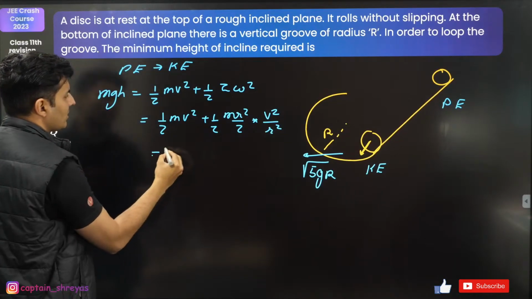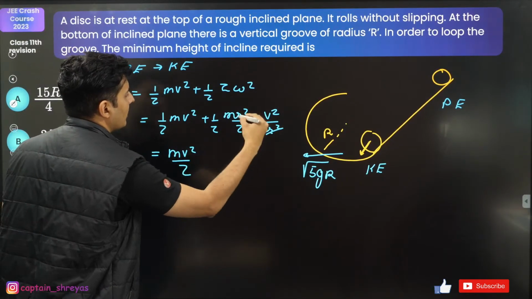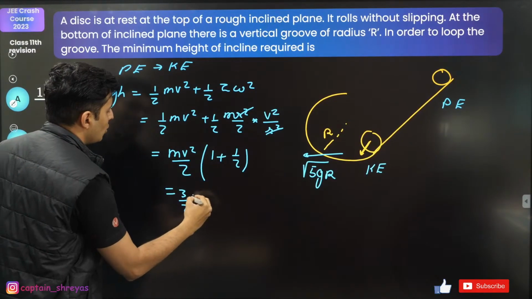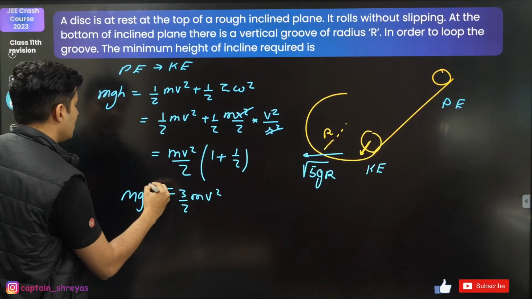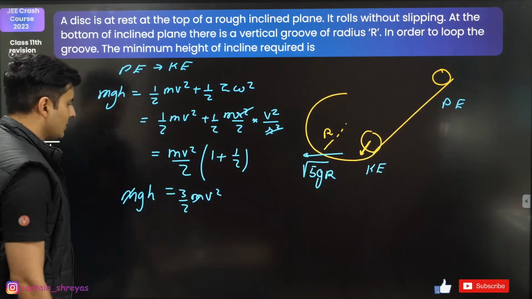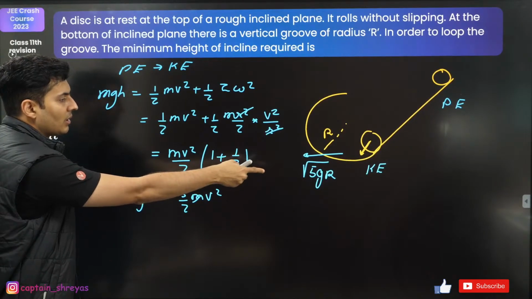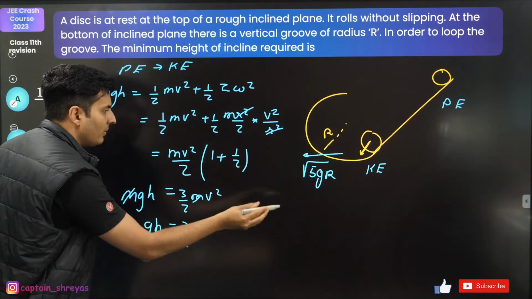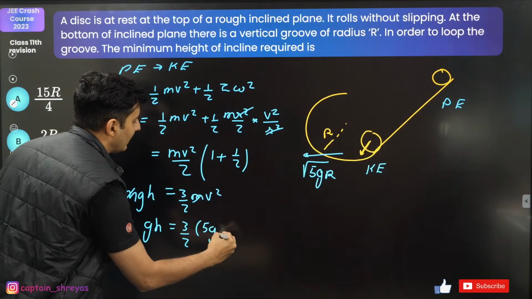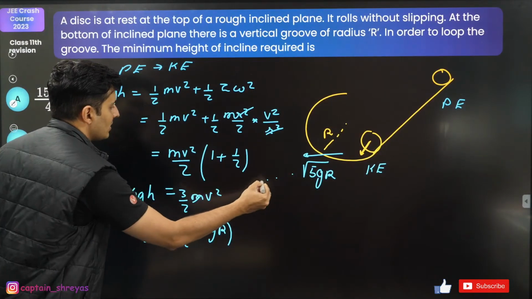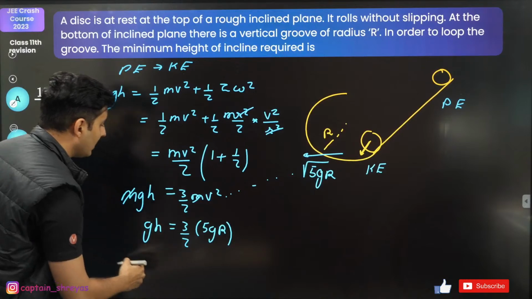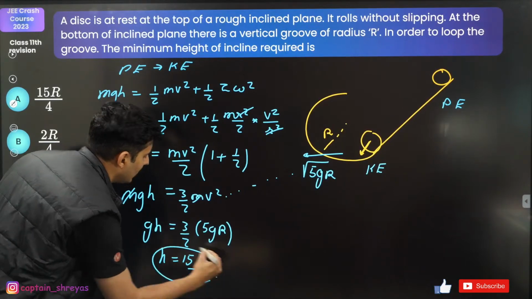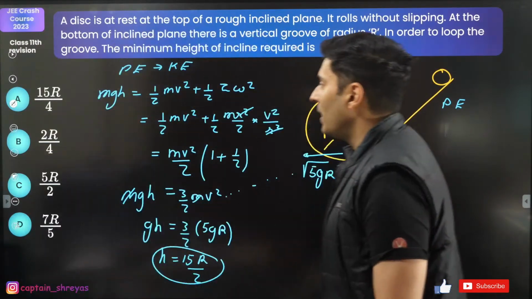So this will become mv square by 2, this r square cancels. 1 plus 1 by 2, which is basically 3 by 2, mv square equals mgh. m cancels. v squared is 5gr, so gh is equal to 3 by 2 times 5gr. g also cancels. So h will be 15r by 2.